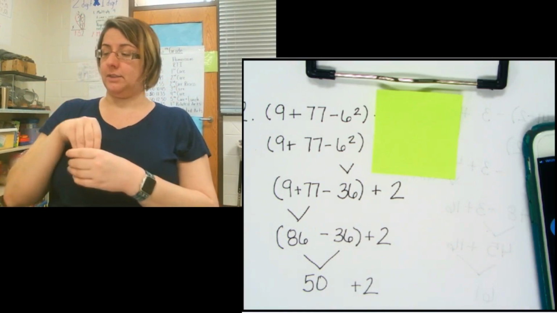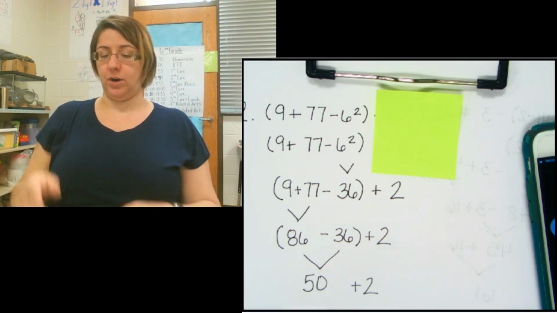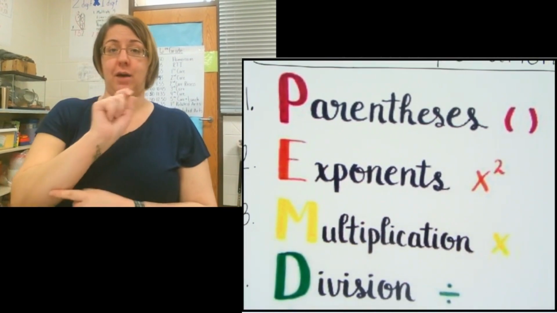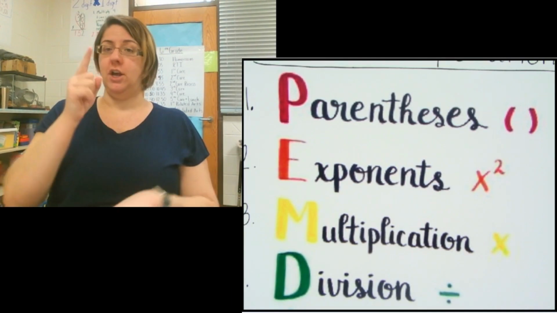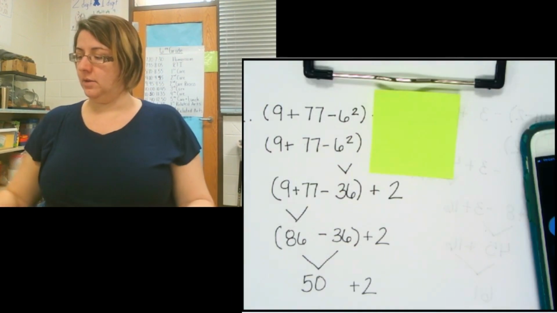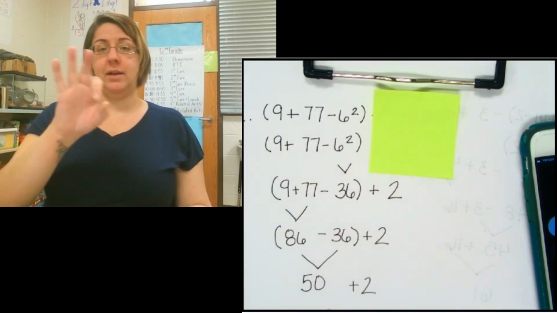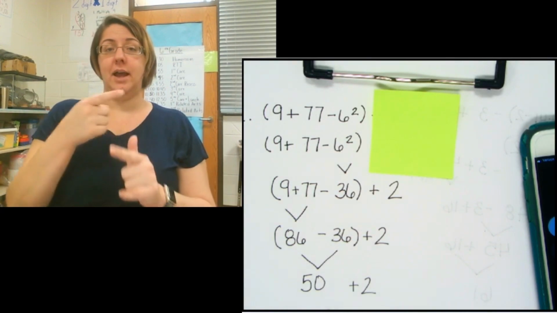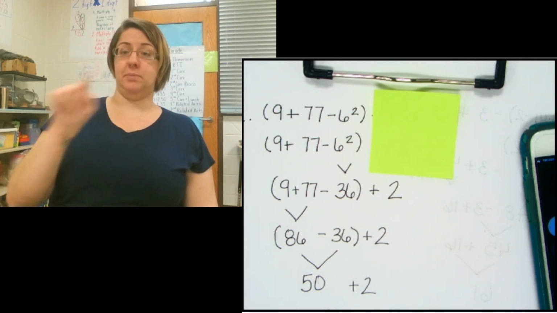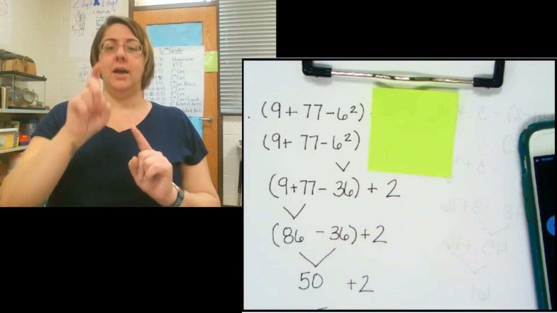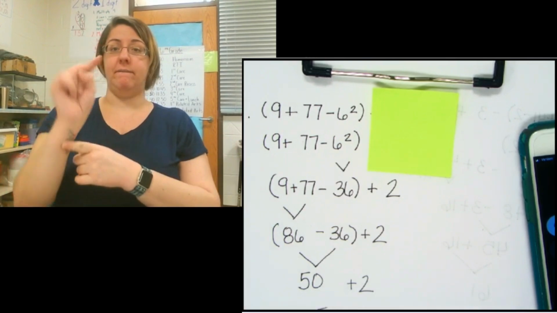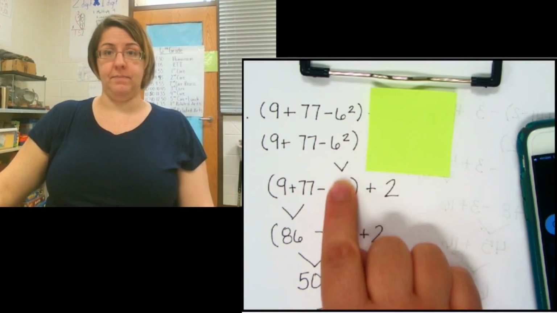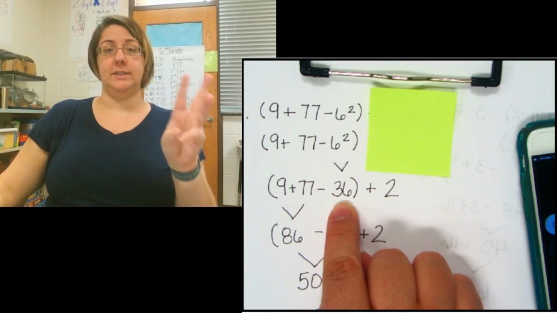Well, let's look inside the parentheses. What's the order? We have to do our exponents first. You cannot do 9 plus 77 minus 6 and then do the exponent. Can't do that. Have to do the exponent first. So that was 6 to the second, which was what? 36.